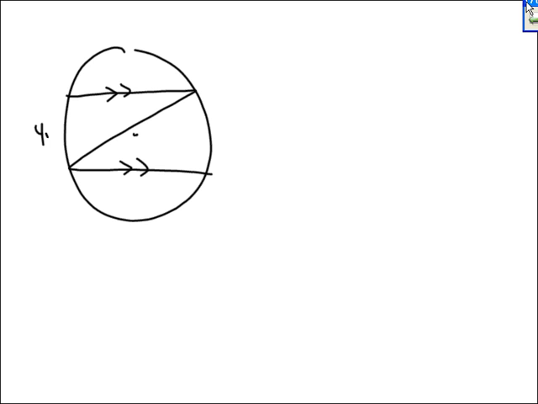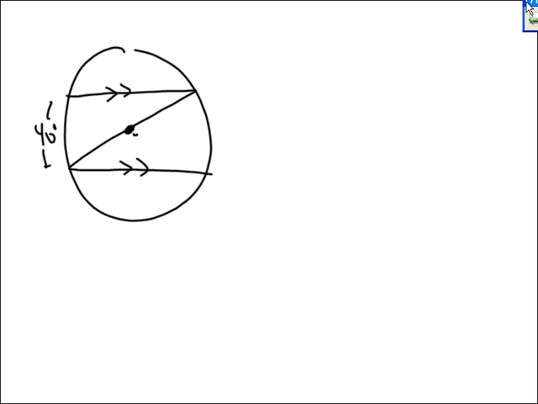And you're given that this arc is 40 degrees. And I will change my mind about something. Sorry. It does cross the center. Solve for the circle. That is, find all the arcs, find all the angles.